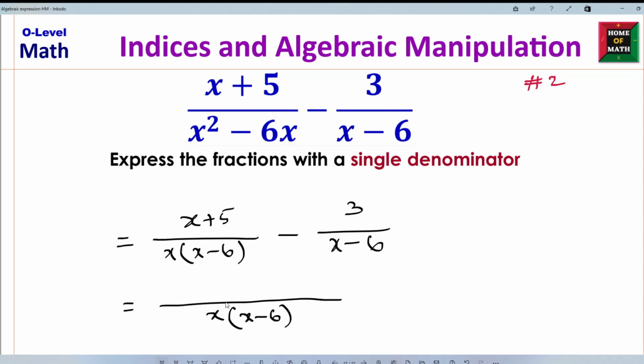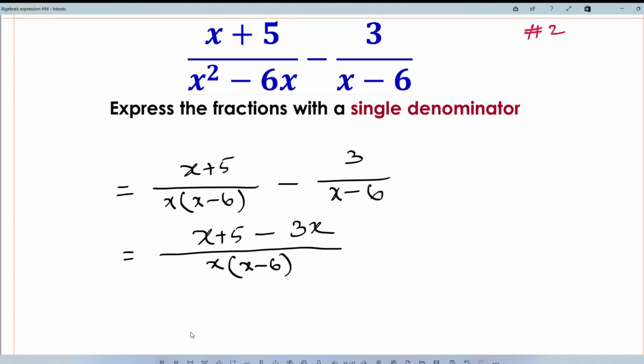So if we divide, we will get 1 into (x plus 5), means x plus 5, minus, if we divide x into (x minus 6) by (x minus 6), we will get only x, so x into 3, 3x. So we can write here x into (x minus 6), and here is 5 minus 2x.